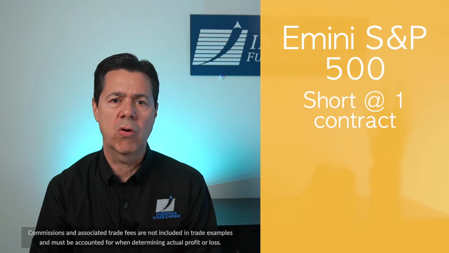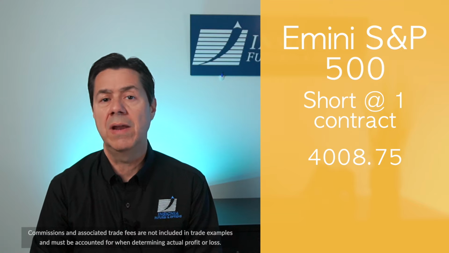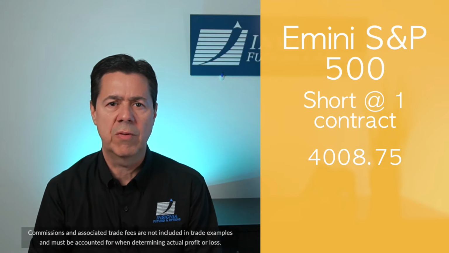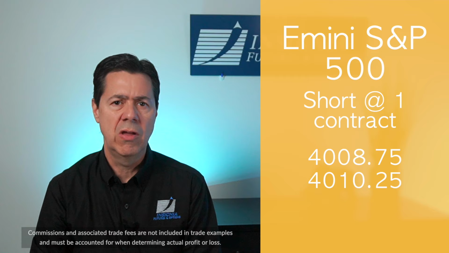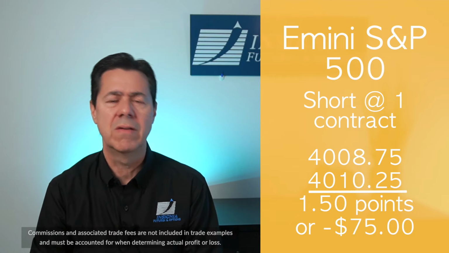Conversely, if you were to go short one futures contract at 4,008.75 and the E-mini S&P 500 market then moved up to 4,010.25, you would have a loss of 1.50 points or $75.